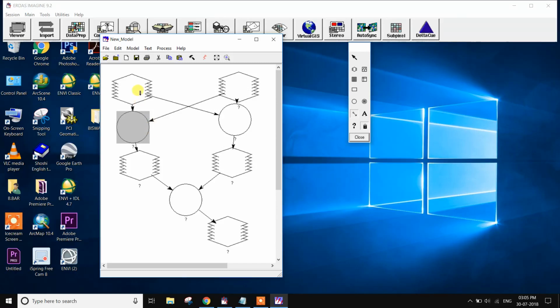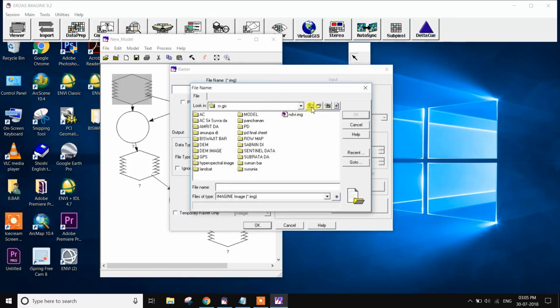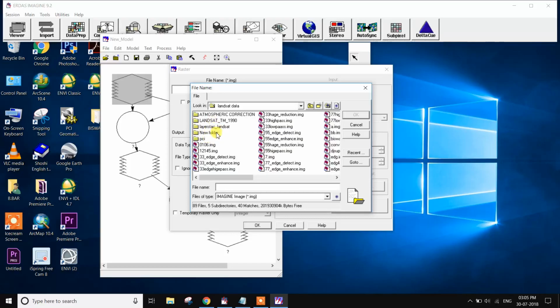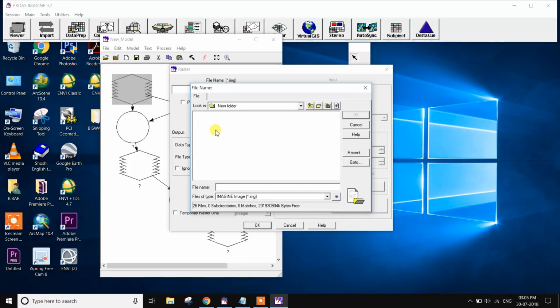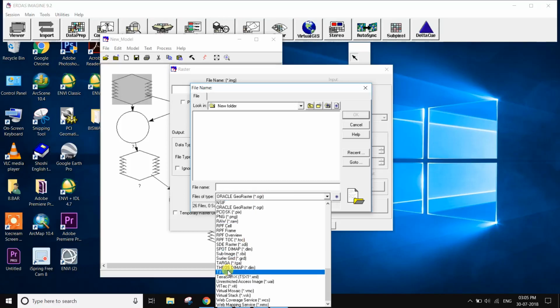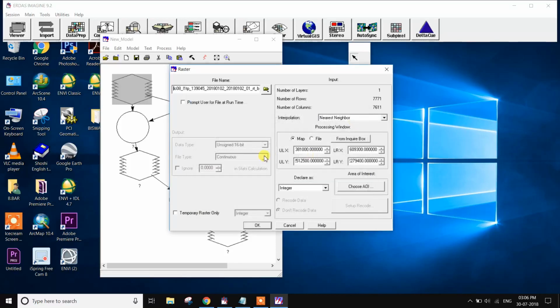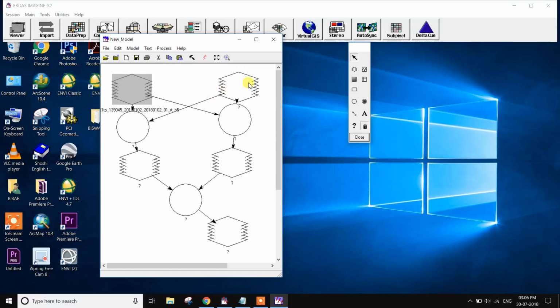Input here the satellite image, near infrared band, which is band 5, and okay.